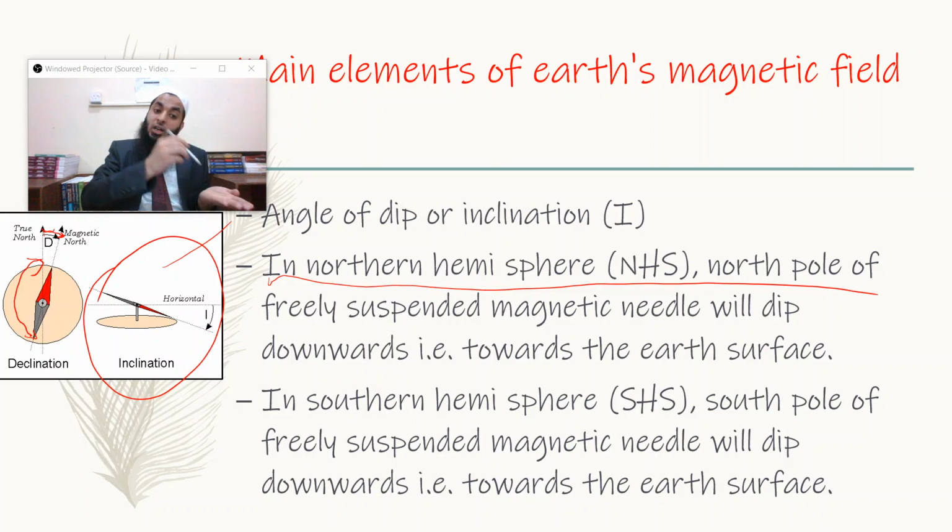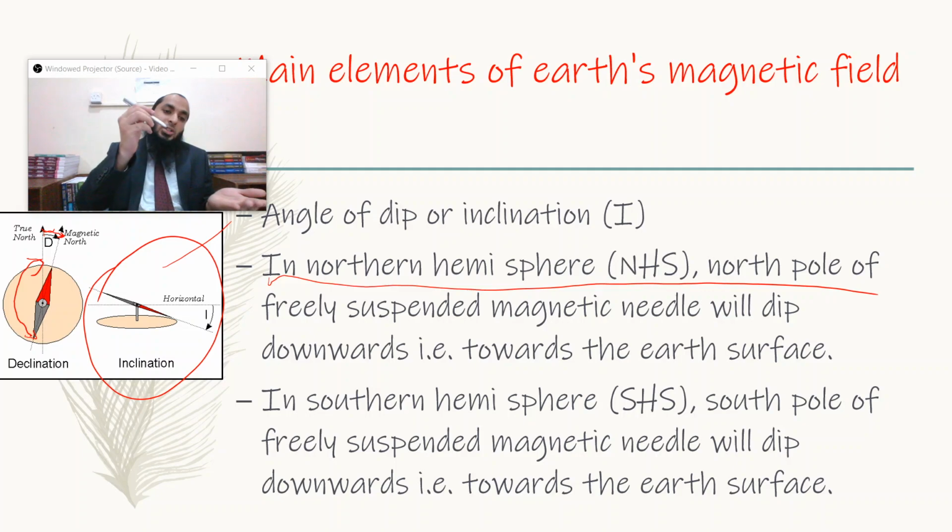The south pole of the Earth's magnet is present in the geographic north, which is in the northern hemisphere. So the magnetic needle will orient in such a way that the north pole of the magnetic needle will be pointing downwards. Why? Because the Earth's magnet's south pole is present over there.